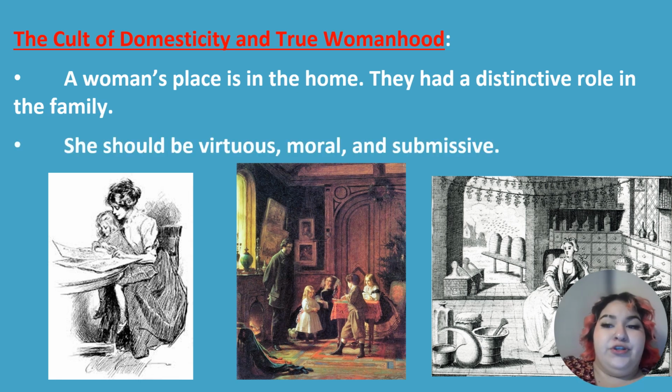She has to be virtuous, right? She has to be moral, and she has to be submissive. Now, what I mean by that is that not only does she have to be submissive for her husband, but she has to be submissive to any man that she interacts with, if she interacts with them. But also, she has to be submissive to society.